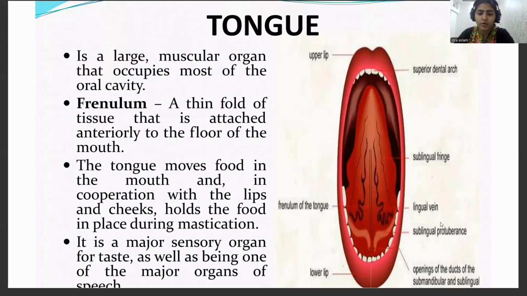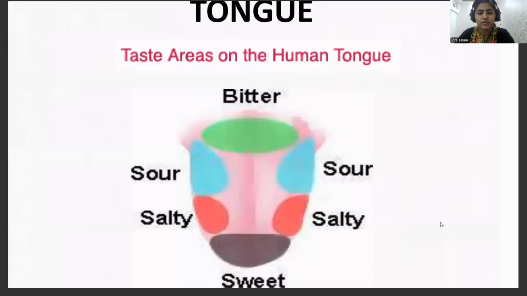It is a major sensory organ for taste as well as one of the major organs for speech. As I told you before, it has taste buds which help us sense the taste of the food, and it helps in speech.